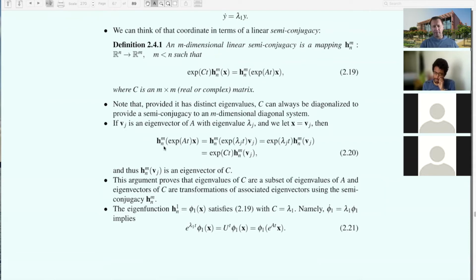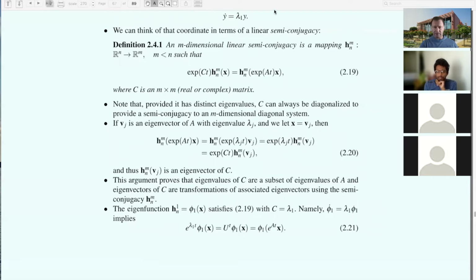So H_nm e^(At) X, if X was Vj, e^(At) acting on Vj, Vj being the eigenvector, gives you e^(lambda_j t) Vj. e^(lambda_j t) goes out, so that's e^(lambda_j t) H_nm Vj. H_nm is my linear conjugacy. But this, by definition, is exactly e^(Ct) H_nm Vj.